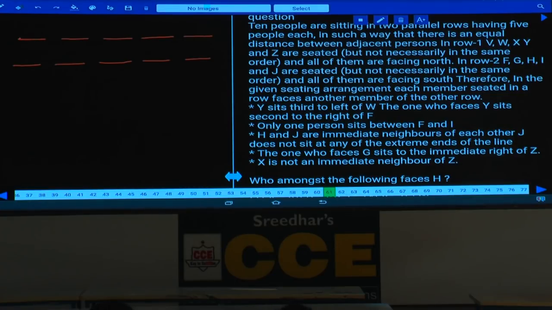V, W, X, Y, Z. V to Z are in row 1. And row 2 is facing south, and the persons here are F, G, H, I, and J. F, G, H, I, J are the 5 persons facing south, and V, W, X, Y, Z are the 5 persons facing north. Then what is the first condition here?